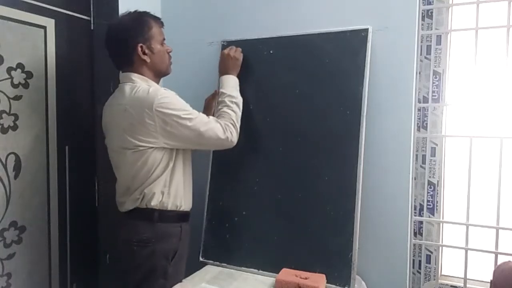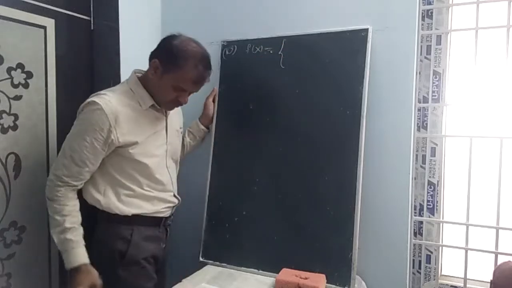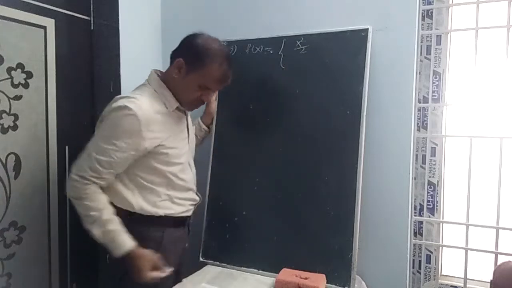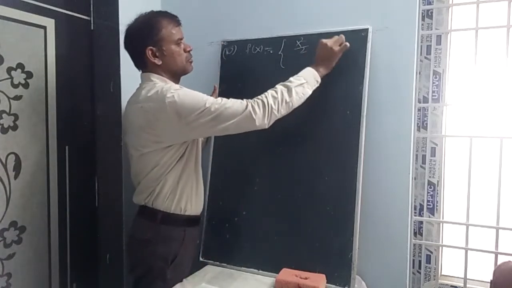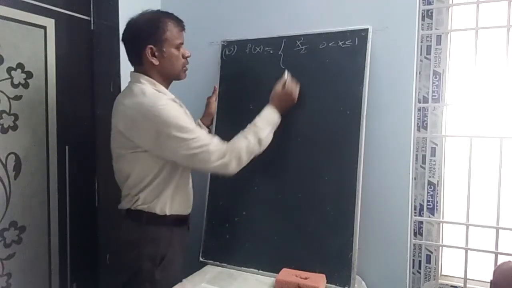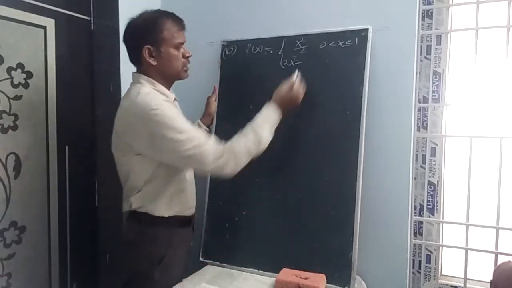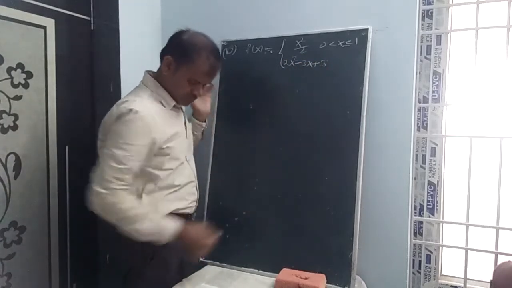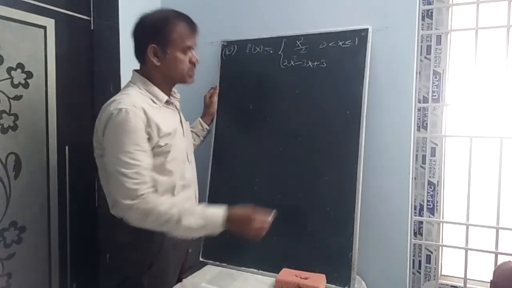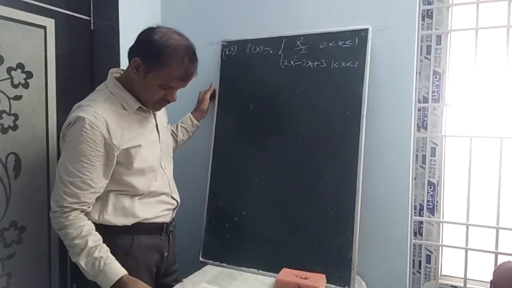10th question, f of x is equal to x square by 2 for 0 less than x less than or equal to 1. Next, 2x square minus 3x plus 3 for 1 less than x less than 2.